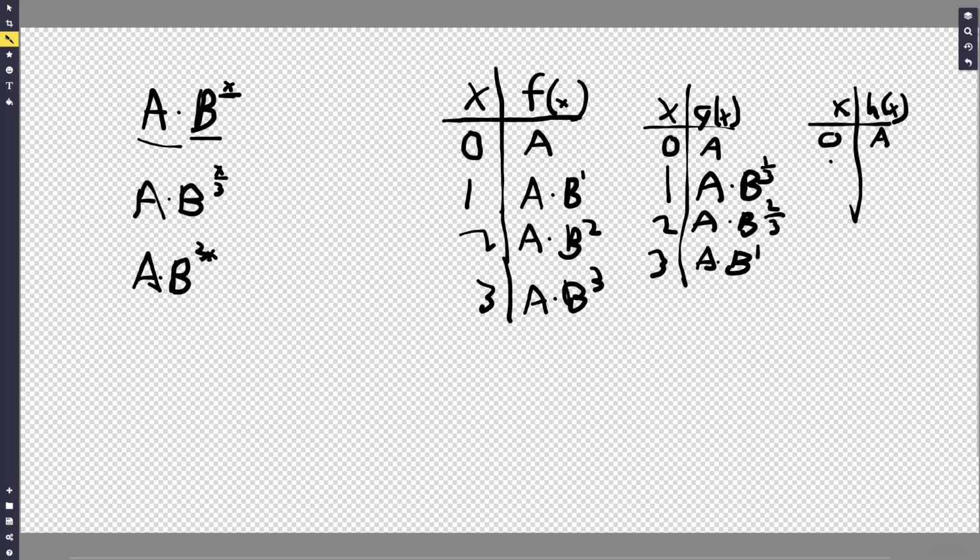When x is equal to 1, it's a times not b to the first, not b to the 1/3, but b to the third. With 2, it's going to be b to the 6th, and with 3, it's going to be a times b to the 9th. So I just wanted to get the different parts of exponential models and functions out of the way before we continued the video.